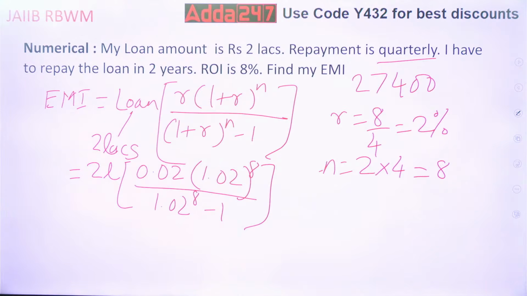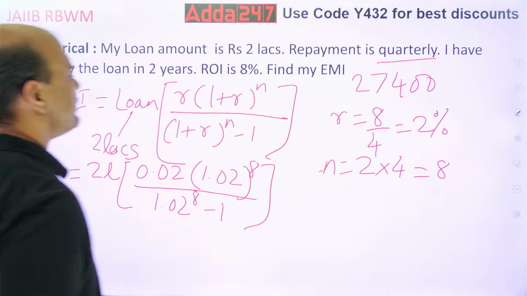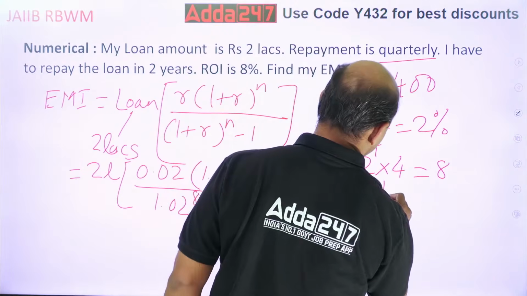Using the black calci, what you have to do? Using the black calci, 1.02 into equal to 7 times. So 1.17 I am getting. So this answer is 1.17.